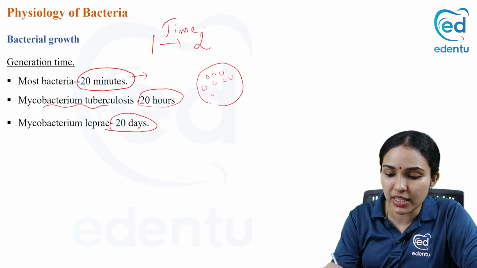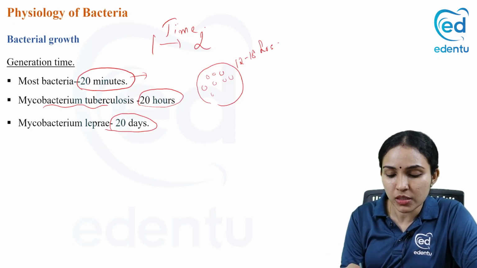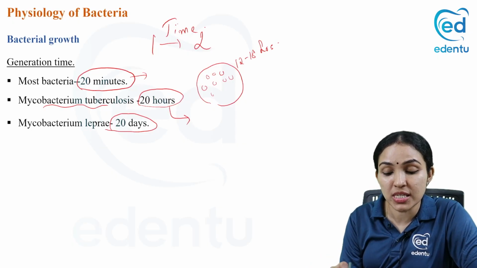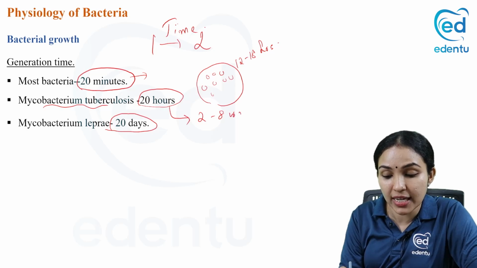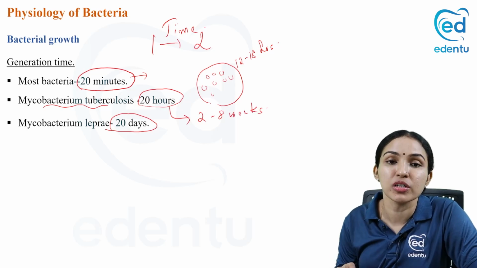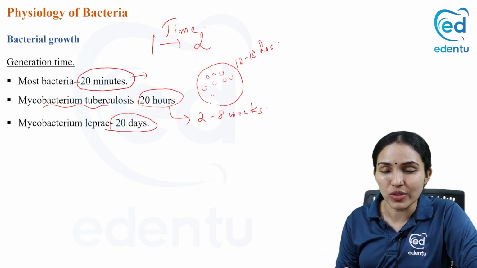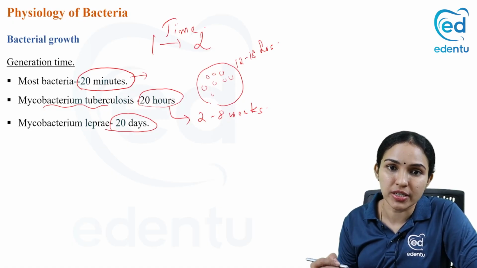You will get a visible colony in the culture plate by 12 to 18 hours normally. Whereas Mycobacterium tuberculosis, since it takes 20 hours, will take more than 2 weeks. Usually 2 to 8 weeks is required for growing it in cultures. That is because of the longer generation time.